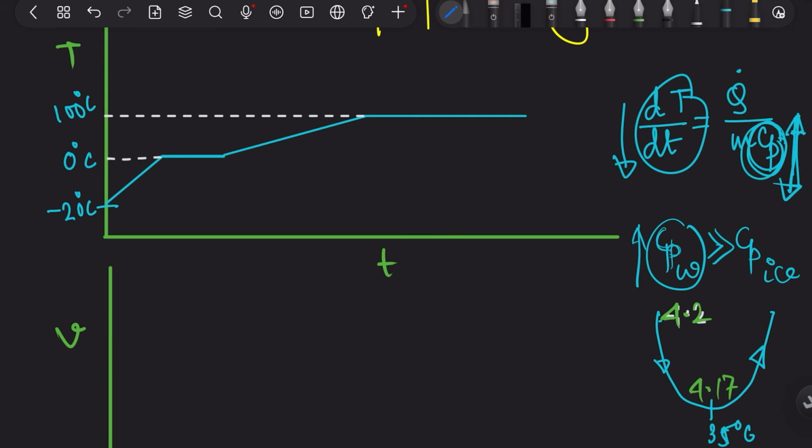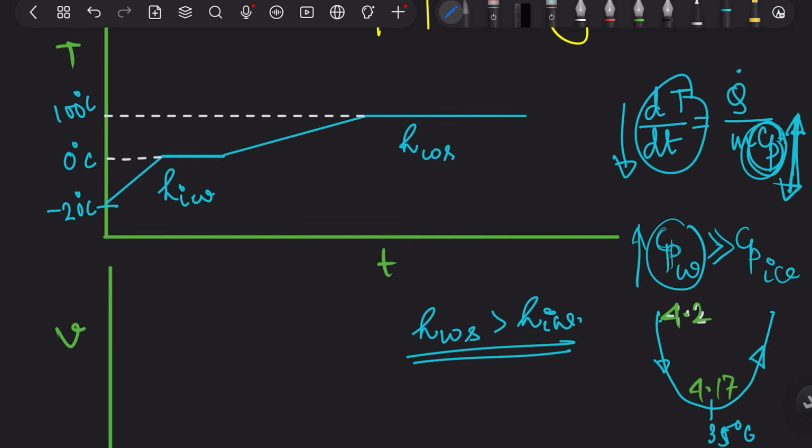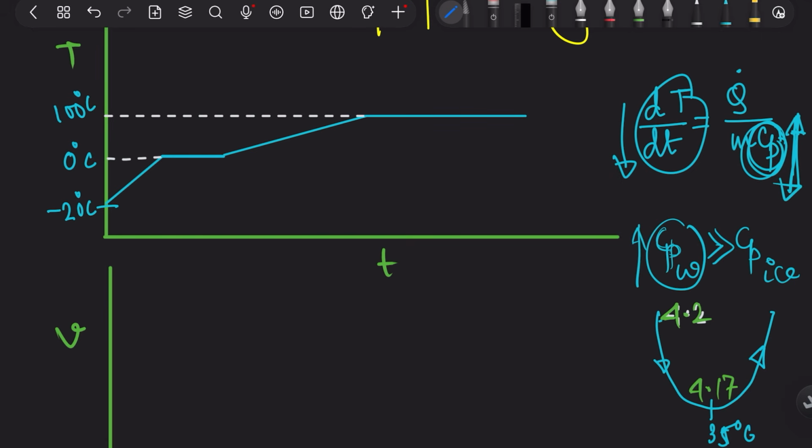Because you see h ice to water, and here h water to steam. H water to steam is more than h ice to water. If this is more, it needs more heat, that means it will take more time if the heat rate is constant. That is why this length is larger.